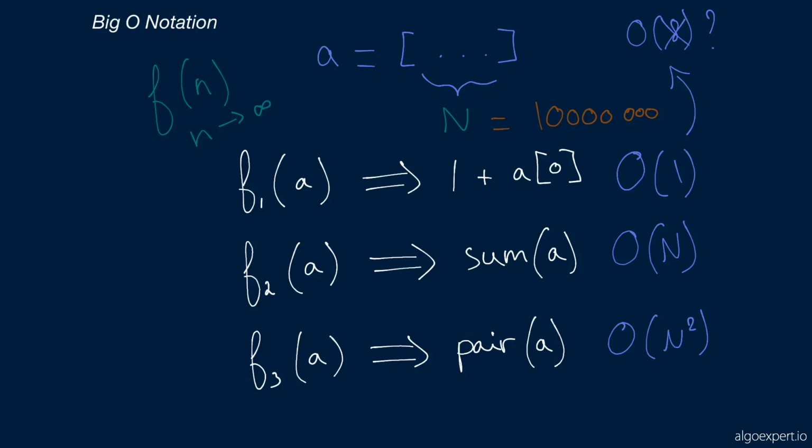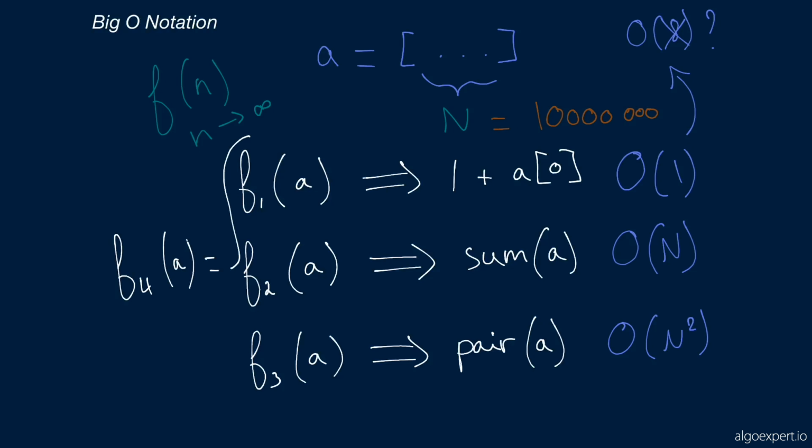But the second thing that relates to what we just said that's very important about asymptotic analysis is that we really only care about the very significant factors in our complexity. So what I mean by that is, imagine we had an algorithm, let's call it F4 of a, that was equal to some combination of these three algorithms.